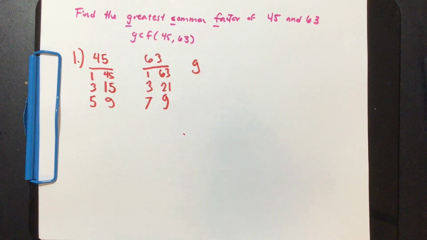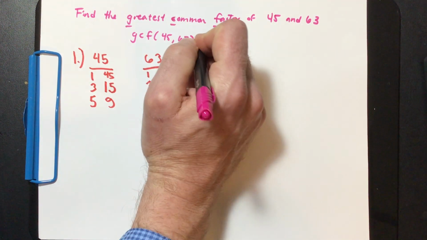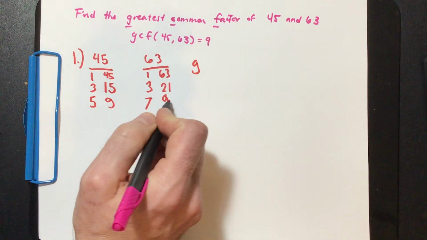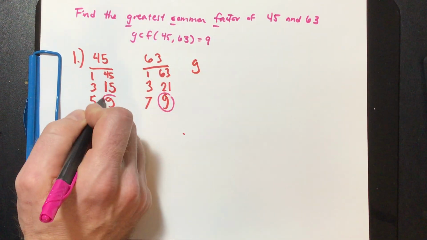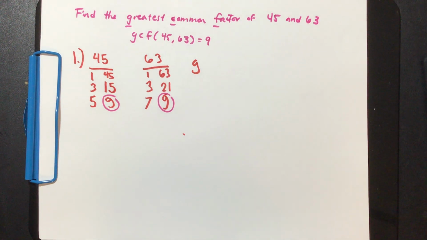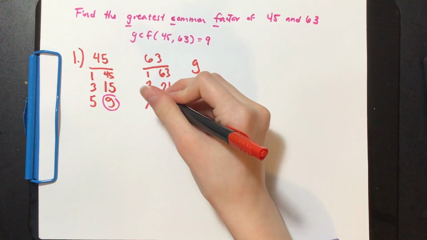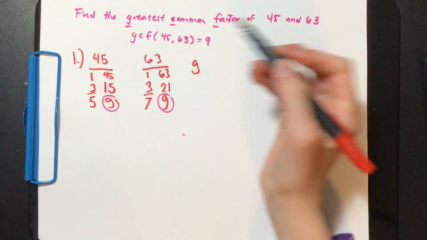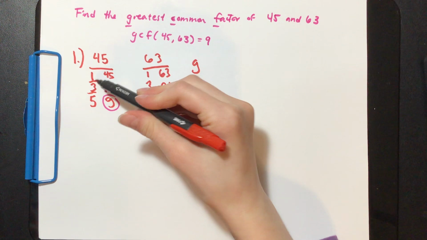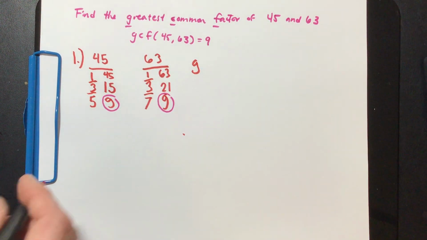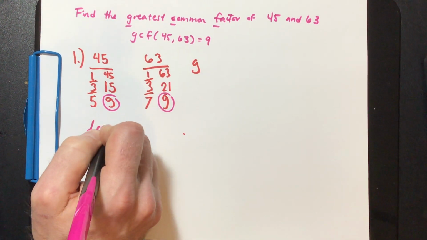Okay. So that's the greatest common factor. Are there other common factors? Yes. What are the other common factors? 3 and 1. But all numbers are going to have a factor of 1.